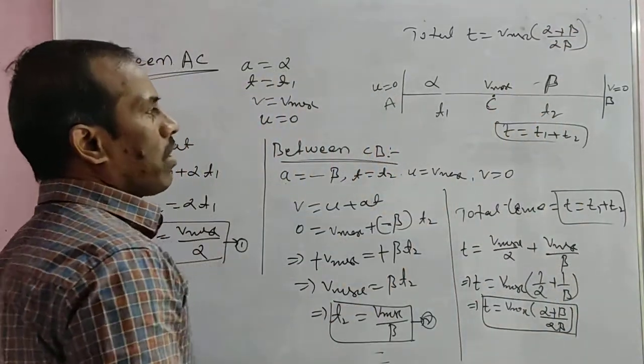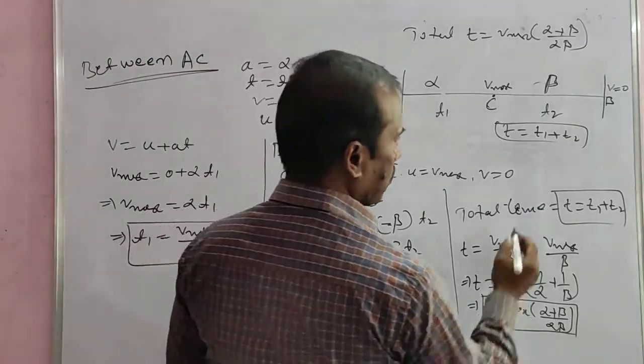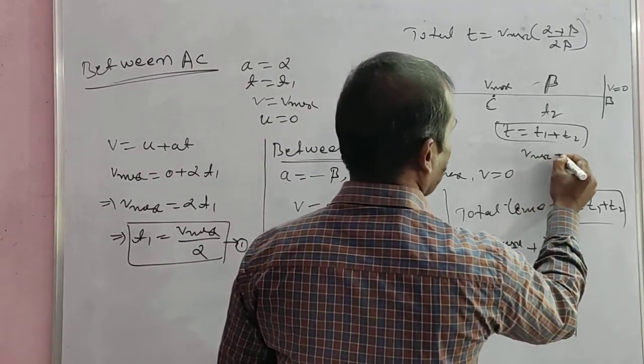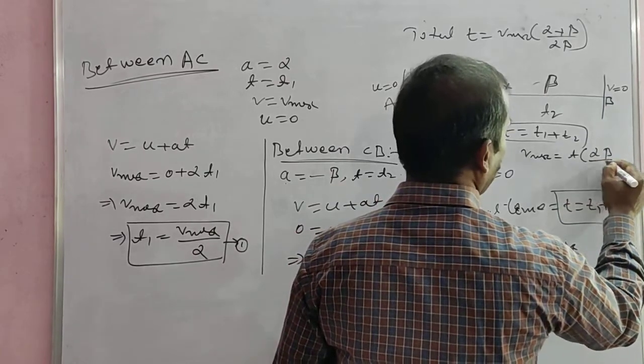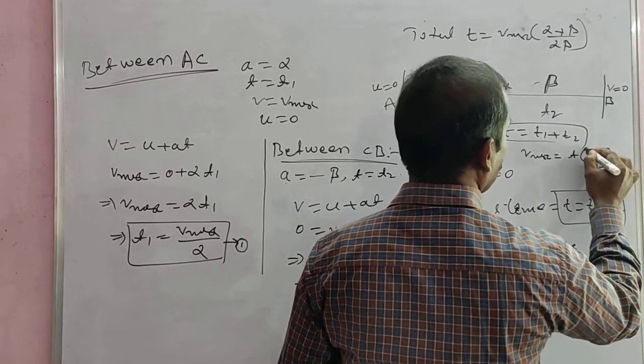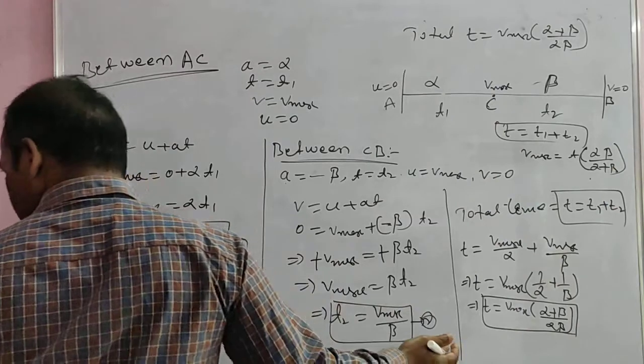Now from this equation, maximum velocity is equal to T into alpha beta by alpha plus beta. Note this first of all.